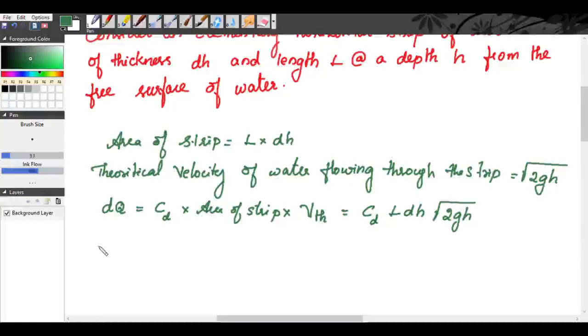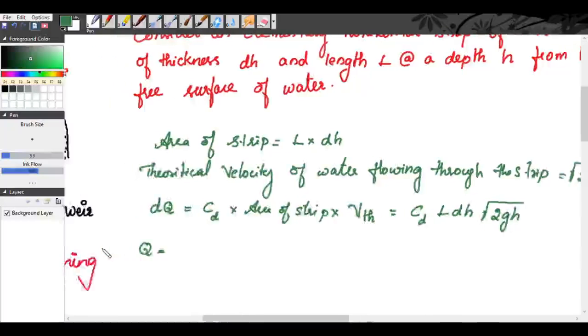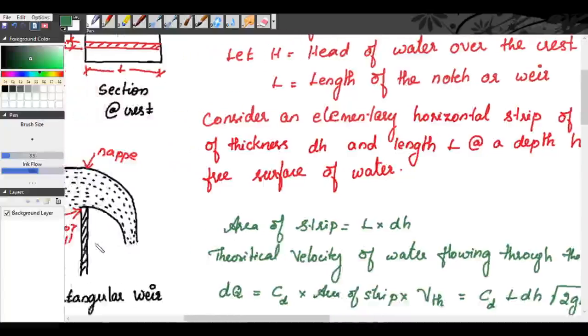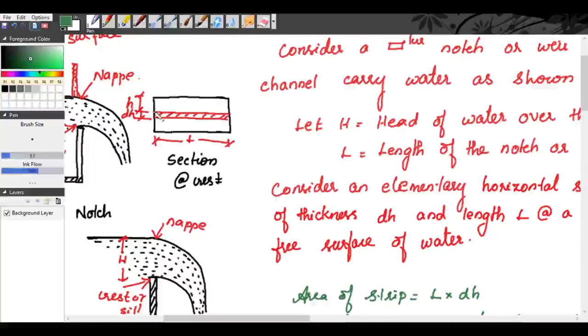So for finding the total discharge, you can integrate the smaller discharge. This is the smaller discharge through the stripe dH, but the total height of water, the head of water over the notch or weir, is H. So you can integrate from 0 to H.